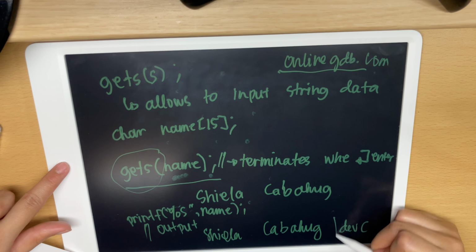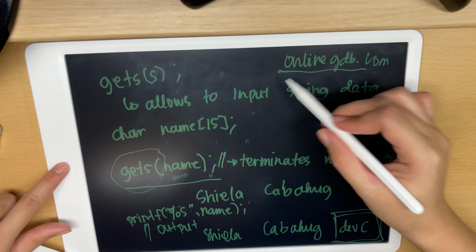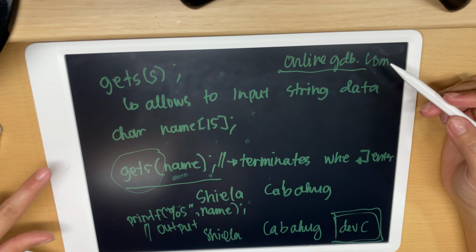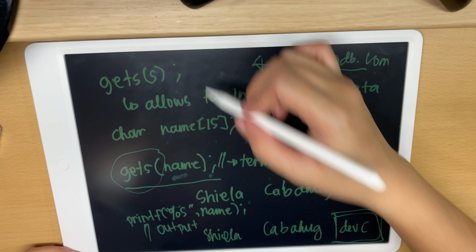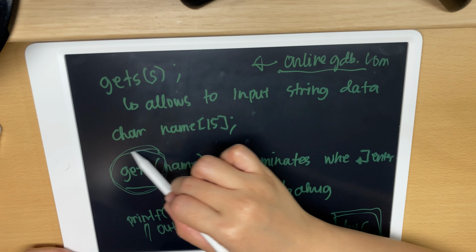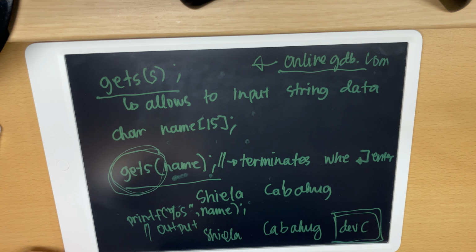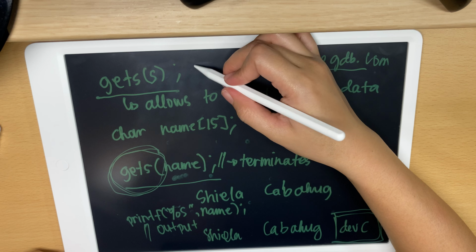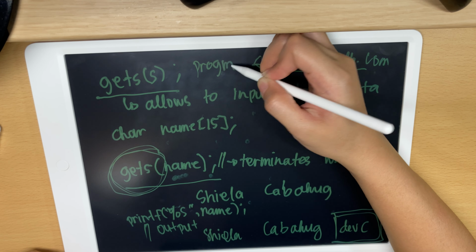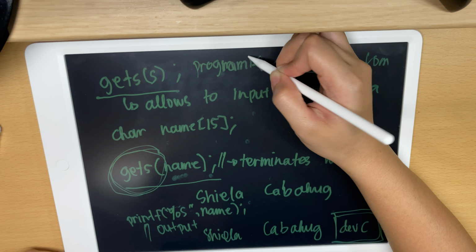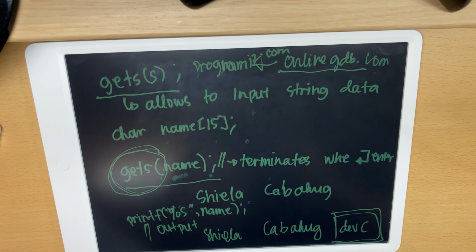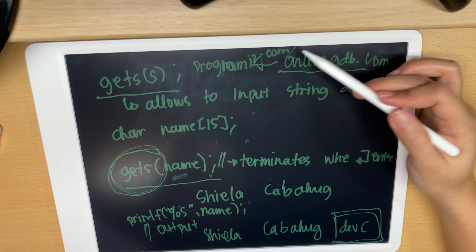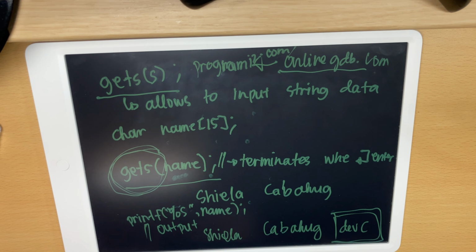You can still use devc, but here I'm gonna just use online, and that instead of online GDB, you can use another one as long as your compiler supports the gets function. So here, maybe the program miss. I think some of you are using this one. So I'll provide the link later, and as well as provide demonstration later using the programmis.com on the C Programming Online compiler.